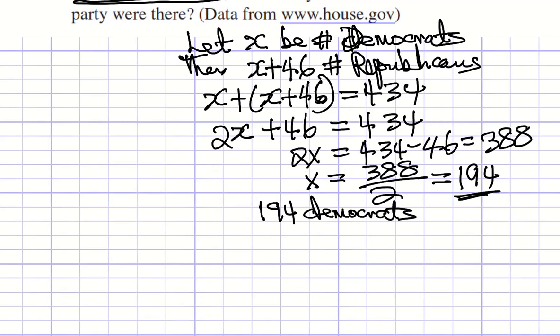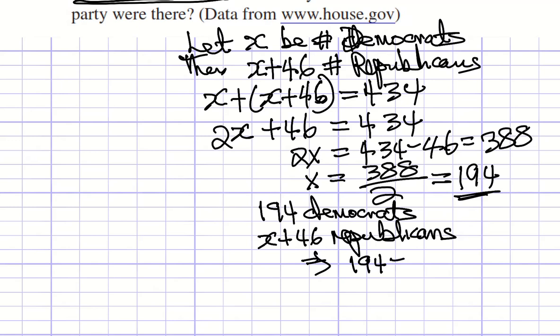And then there are X plus 46 Republicans, which is the same thing as 194 plus 46. That's 240.